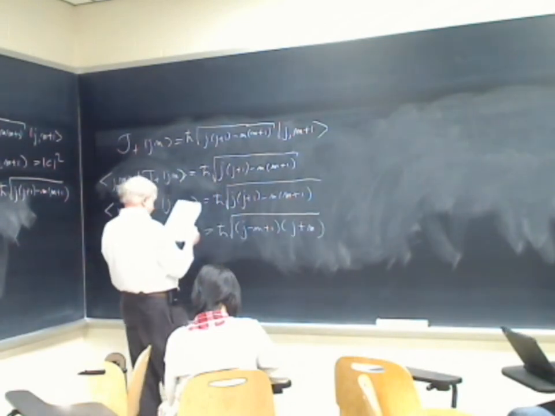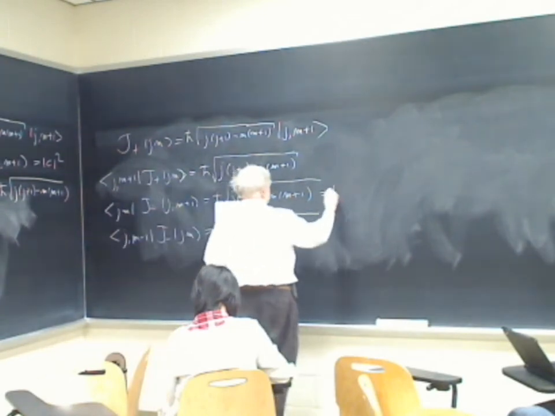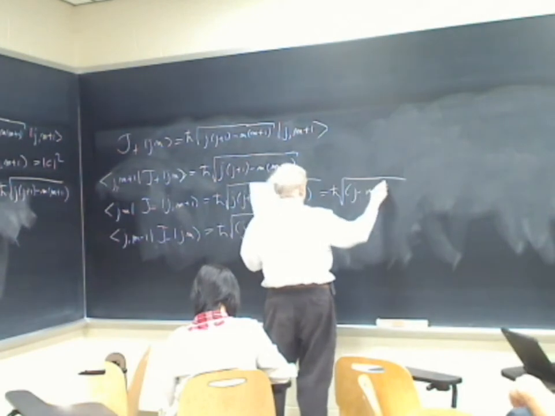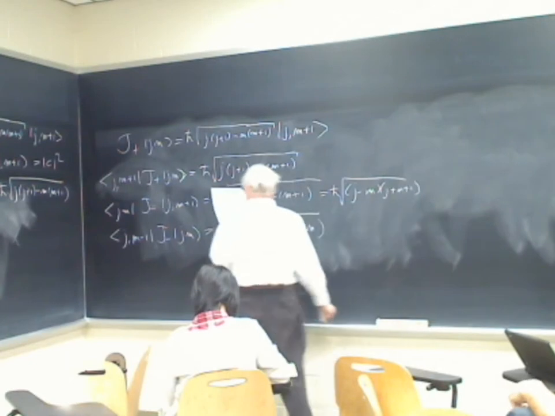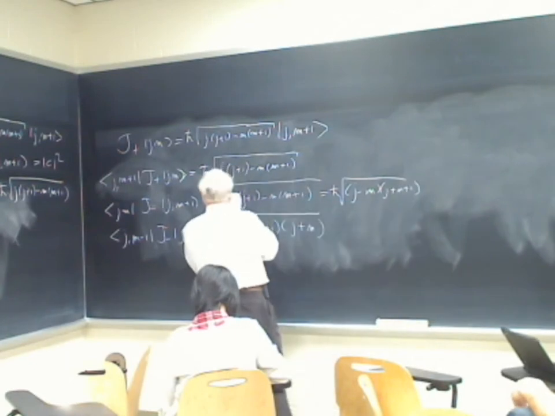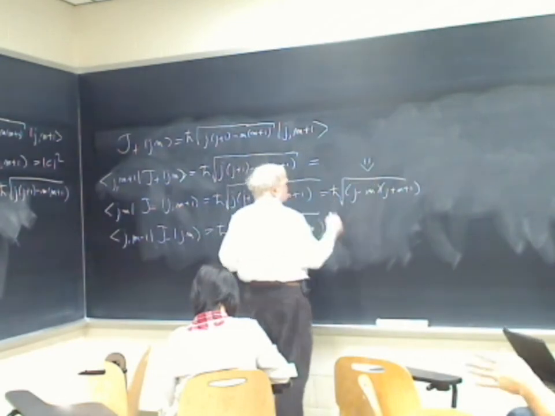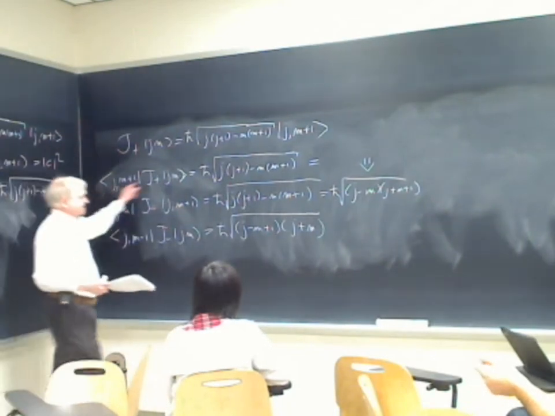In fact, if I factorize this, then this is h bar square root of j minus m, j plus m plus 1. And for that matter, that's the same thing as this, because this is a complex conjugate.